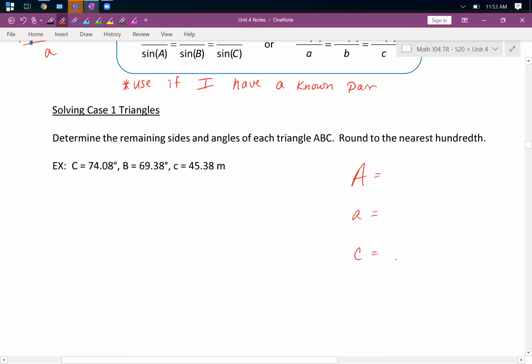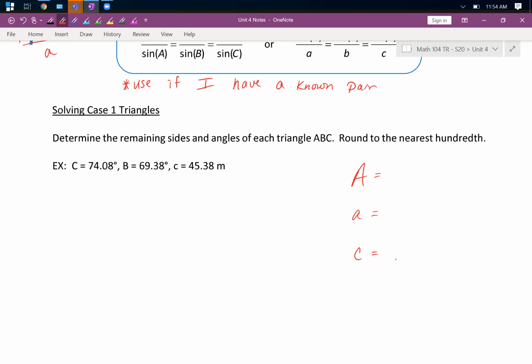What would you like to find first? I always like to start with the easy stuff. What would be the easiest thing to find? Let's do angle A first. Yeah, I would totally find angle A first.